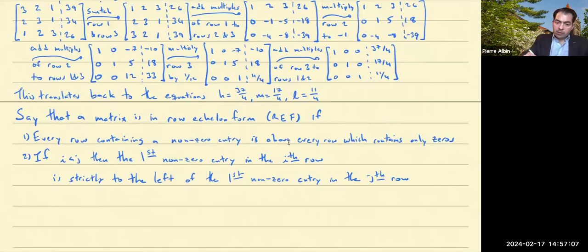Okay, we call the first non-zero entry in a row a pivot.